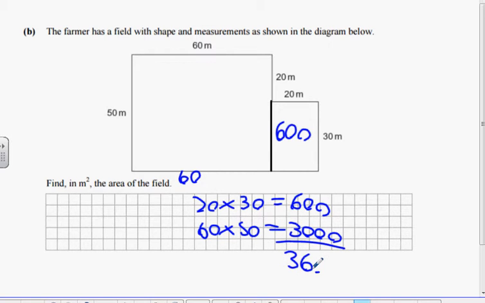Good. 3600 square meters. Everybody alright with that? Did you not find the area of the whole thing and take away the square? Yeah, you can. You'll get 3,600, same thing.